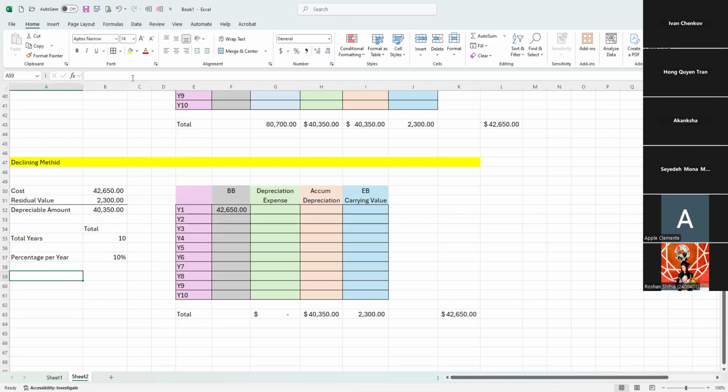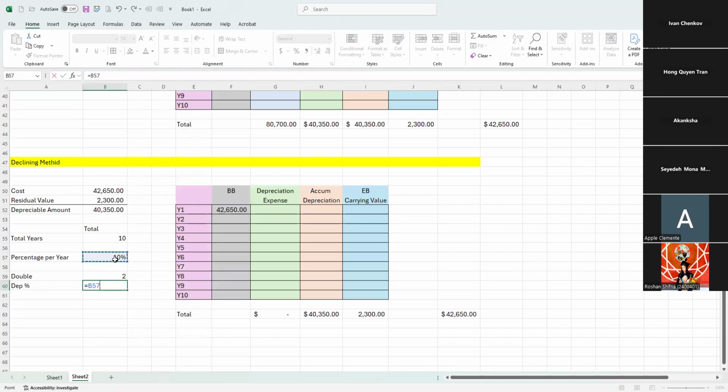So what we have to do now is either double it or triple it, right? Which method are we using? Double? Let's go with double, times 2. How much will be the depreciation percentage? It will be equal to 10 times 2, correct? So we're going to use 20%.